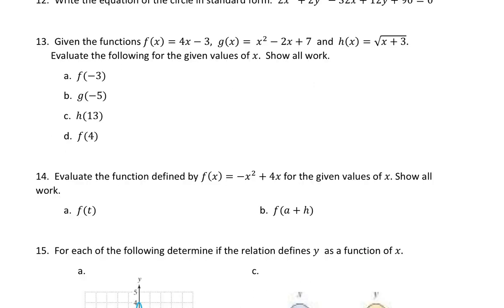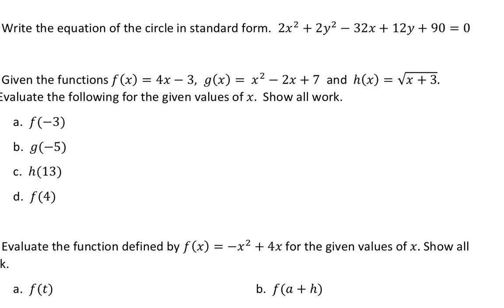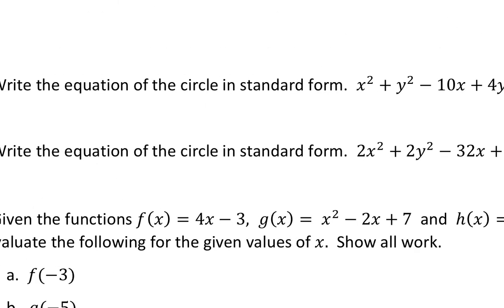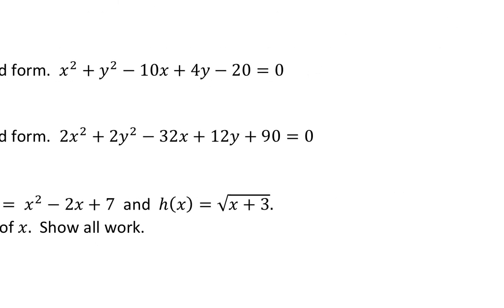All right. Okay, so for this first question, we want to write the equation of this circle in standard form. Now, standard form is just going to look like (x minus h) squared plus (y minus k) squared is equal to r squared.